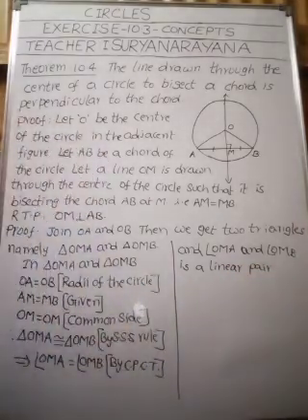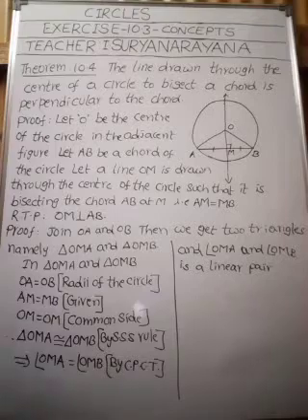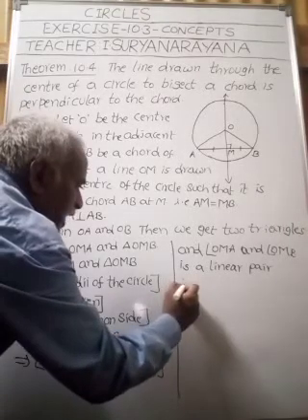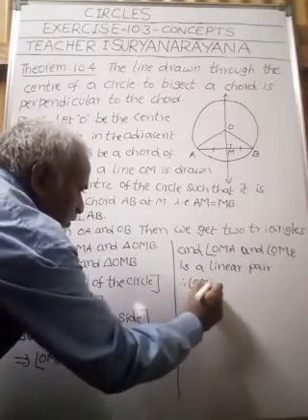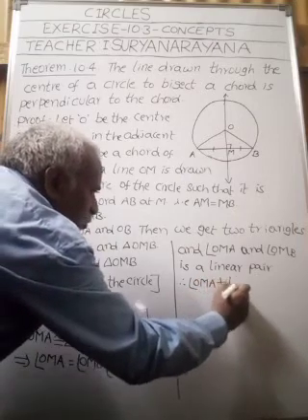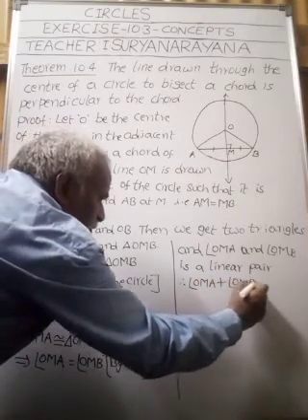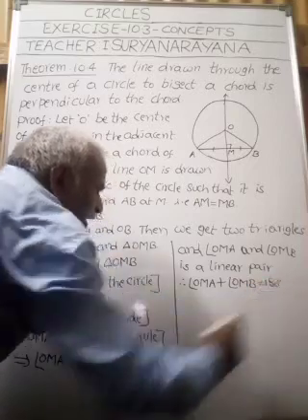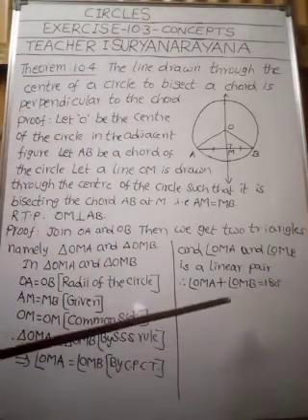What is meant by linear pair? The sum of the two angles is equal to 180 degrees. Therefore, angle OMA plus angle OMB is equal to 180 degrees. Yes or no, my children?